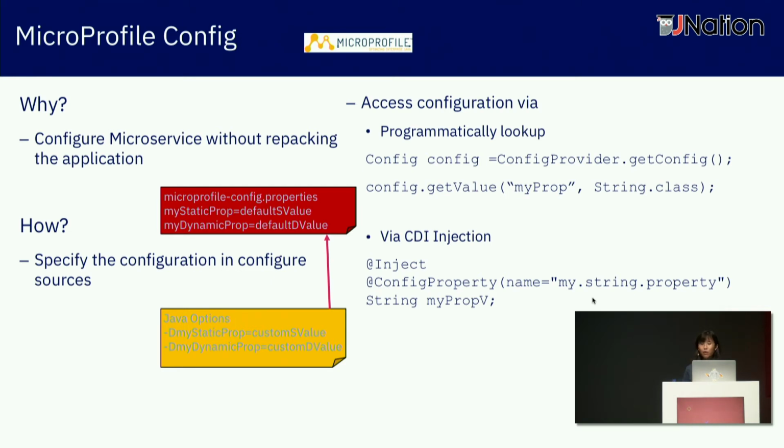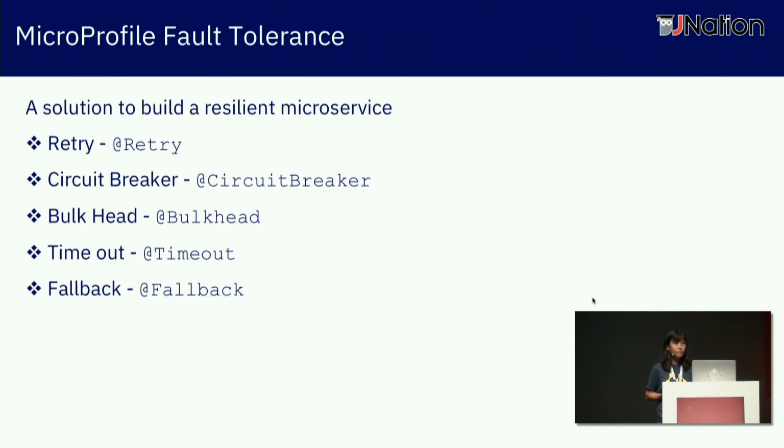You can define the property, and then you can inject it, or using the programmatic API you can directly look up the config value. So you can use ConfigProvider.getConfig and then config.getValue to directly find the value. Or you can use CDI to directly inject the myString property into this variable.